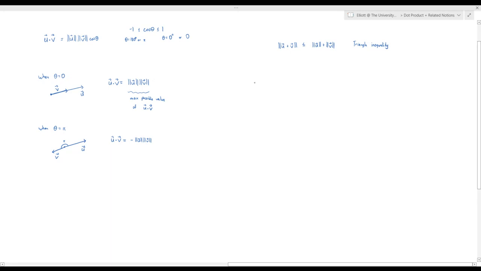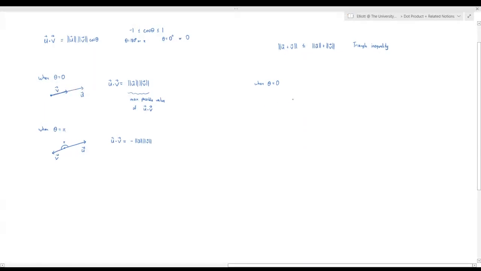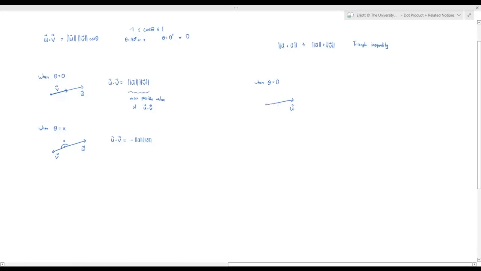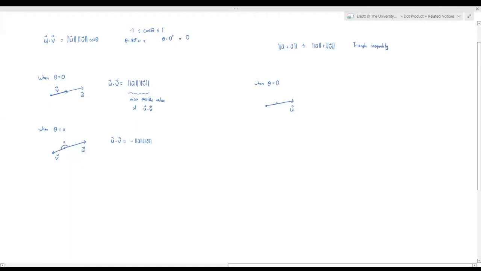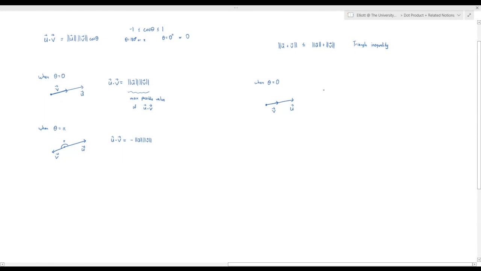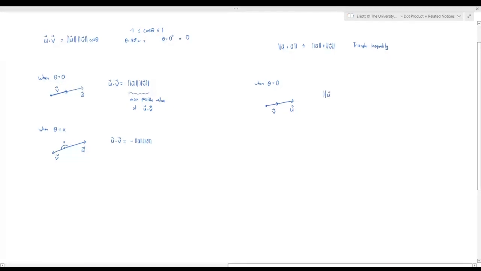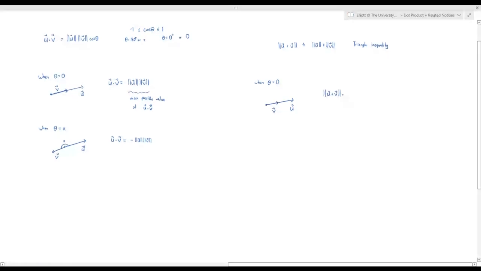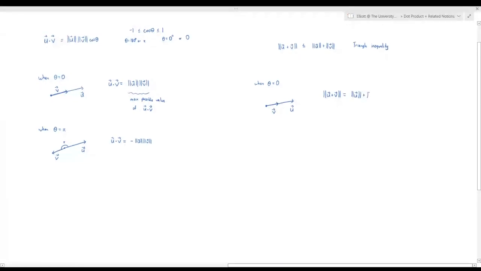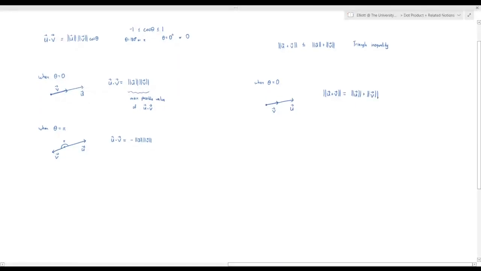So it turns out that when the vectors are collinear, so when the angle between them is 0, I'm not going to prove it, but I'm just going to state the results. You can maybe see in the picture though. When they're collinear like this, the norm of u plus v will be equal to the norm of u plus the norm of v.